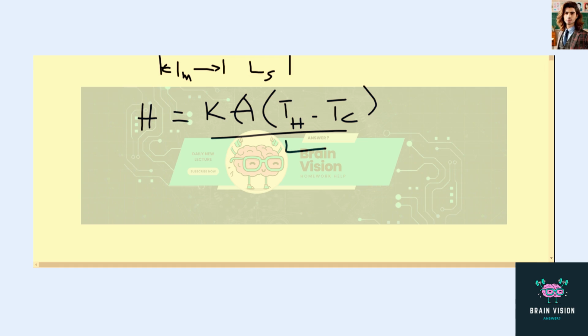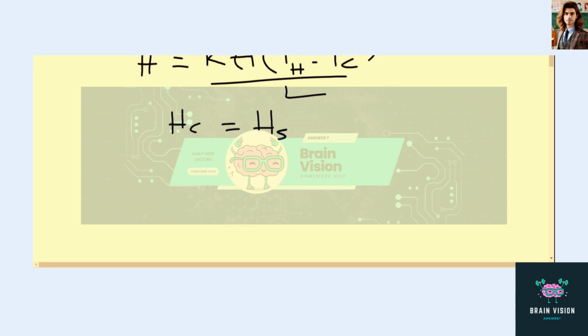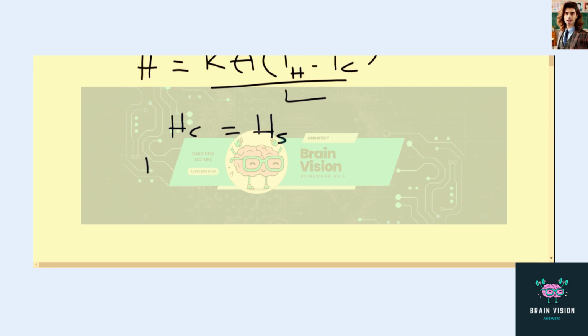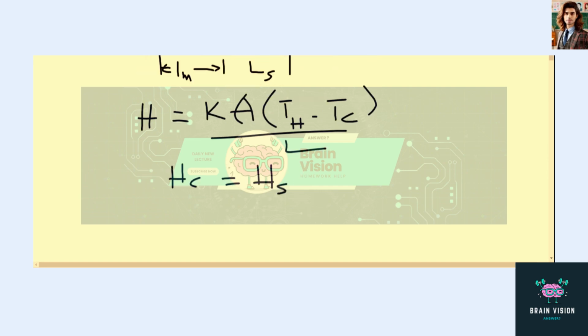We can calculate the heat current for copper and then equate it to the heat current of steel, because at the junction where they are connected together, they will be at thermal equilibrium. So the heat current from copper will be equal to the heat current of steel.